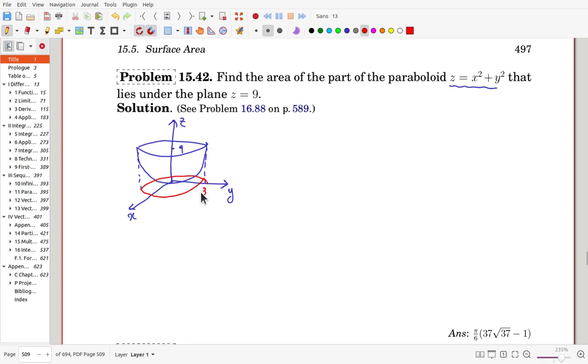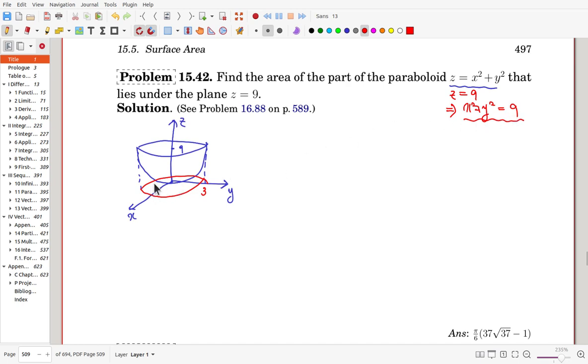It must be 3, because z is x squared plus y squared, and z is 9. Then from these two, we have x squared plus y squared equal 9. So yes, a disk of radius 3.